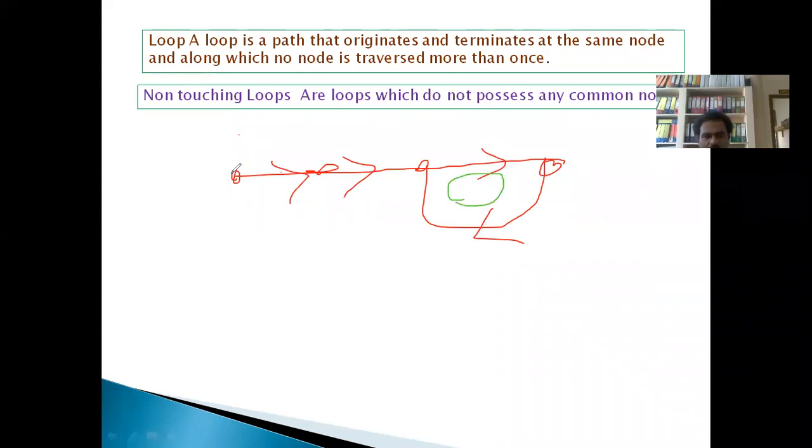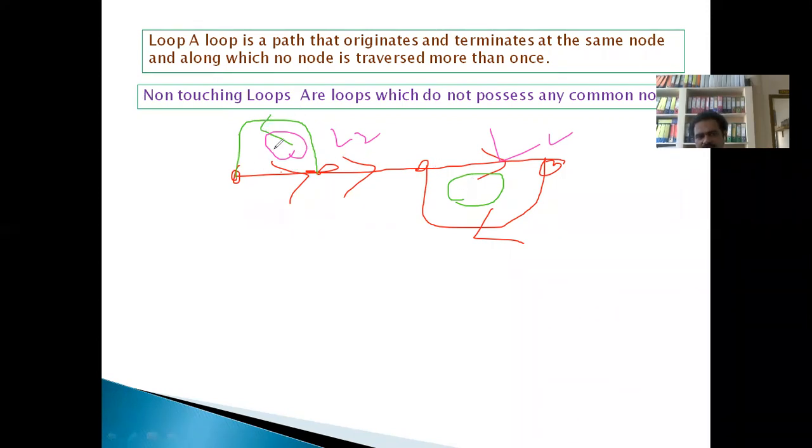One more loop is there. This is the forward path direction, and this is the reverse direction. This can be called another loop. Loop 2, loop 1. There is no common node. Non-touching loops means loops do not possess any common node. These two nodes are related to loop 1 and these two nodes are connected with loop 2.